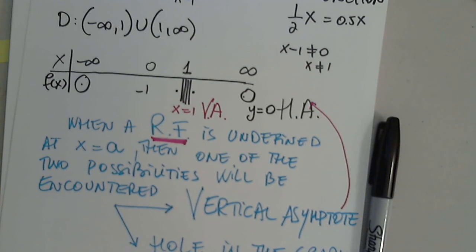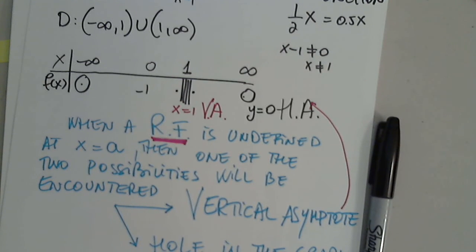And now second and table. Now I will plug in 0.999, which is from the left of 1. And I want to plug in 1.0001, which is very close to 1, but on the right of 1.